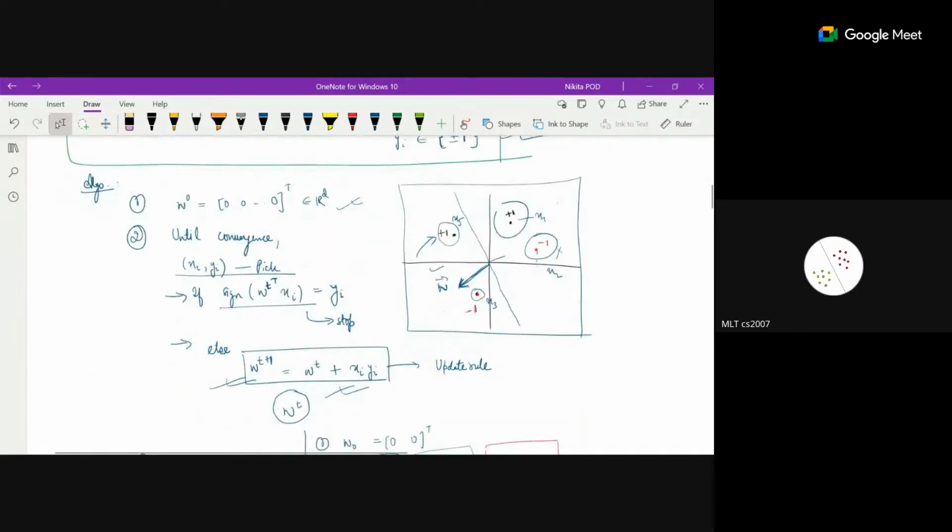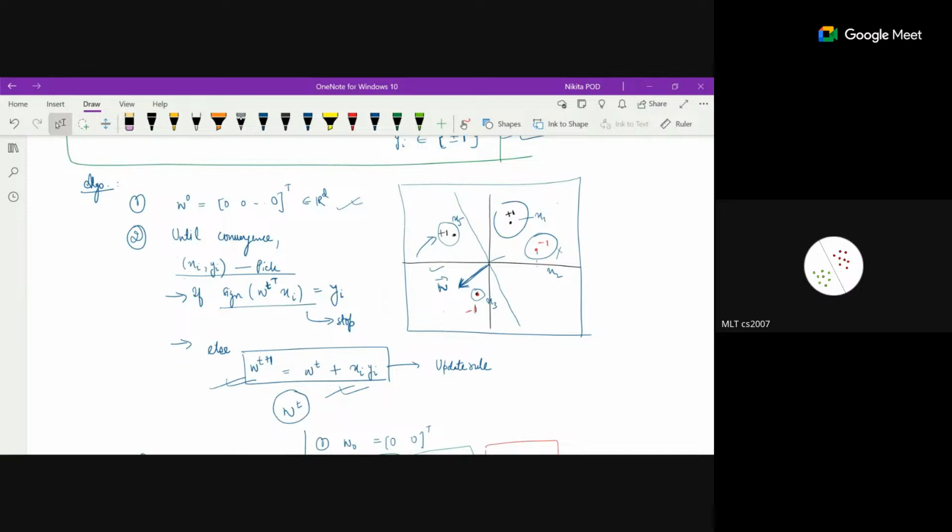Yeah. So my question was, can the number of iterations increase the number of data points? Is it what you're asking? How can data points increase or decrease?